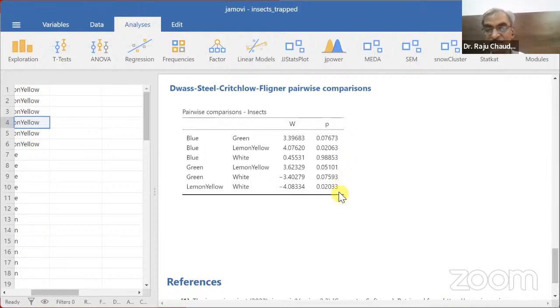If you look at this, for example, blue and lemon yellow, it shows the p-value is 0.02, which is less than 5%, right? Similarly, lemon yellow and white shows 0.02, which is less than 5%. All the other remaining are not less than 5%.